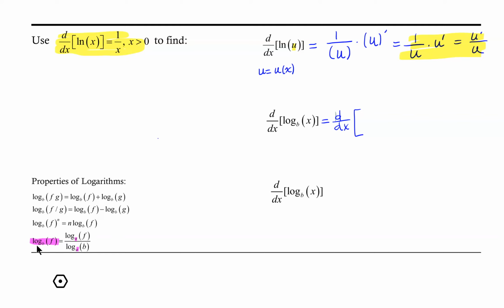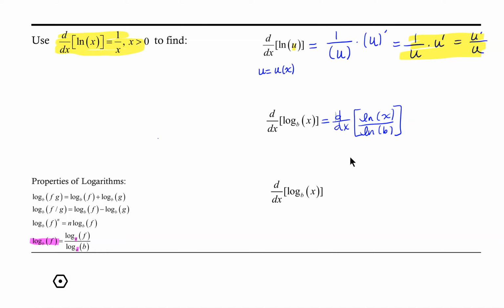In this case, we already know how the logarithm for base e behaves, so it would make sense to switch this logarithm to base e. So using this change of base formula, we'll rewrite log base b of x as the natural log of x over the natural log of b, our original base.